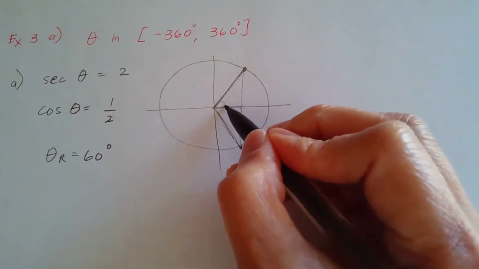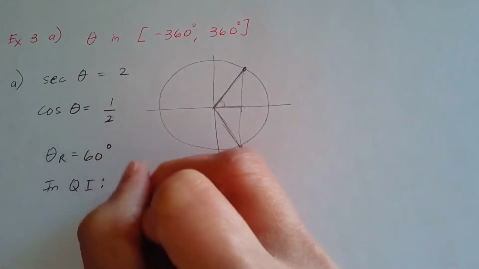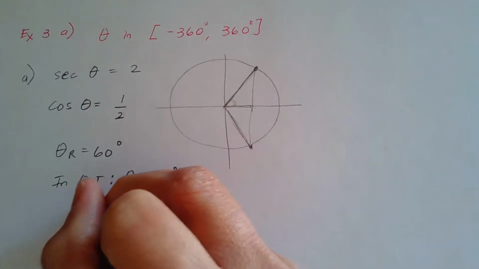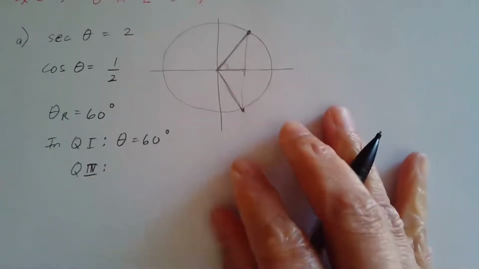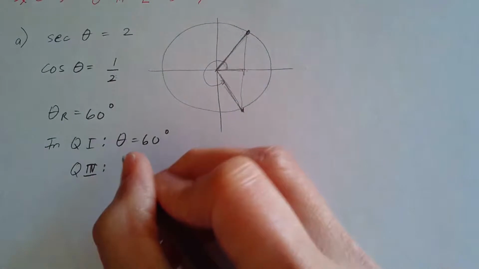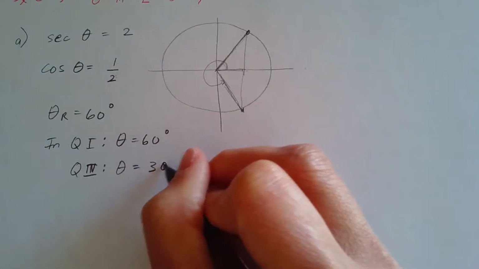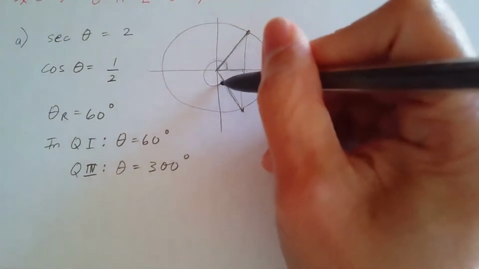In quadrant 1, theta would be 60 degrees. In quadrant number 4, going from here all the way to there, that's going to be 300 degrees, if it's a positive rotation.